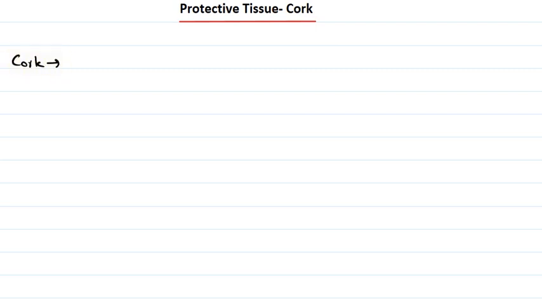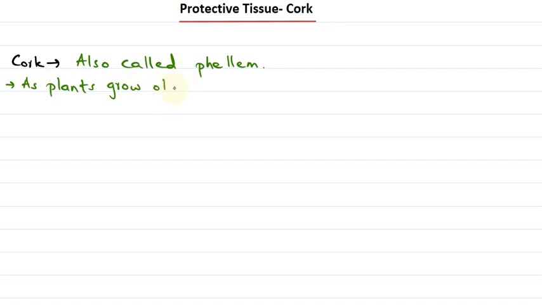Cork is a type of protective tissue and it is also called phloem. What happens as the plants grow older?